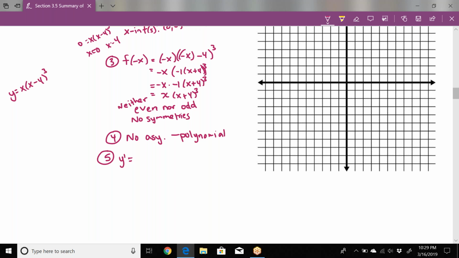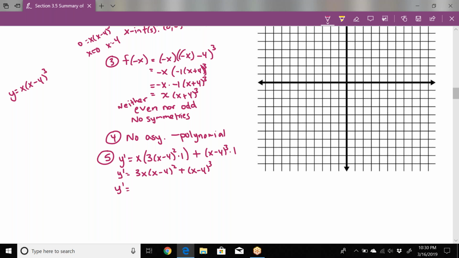So this would be first times the derivative of the second, which would be 3 times x minus 4 to the second times the derivative of the inside, which is a 1, plus second times the derivative of the first, which is derivative of x, just 1. We're going to clean that up. So that's going to be 3x times x minus 4 squared plus x minus 4 to the third.